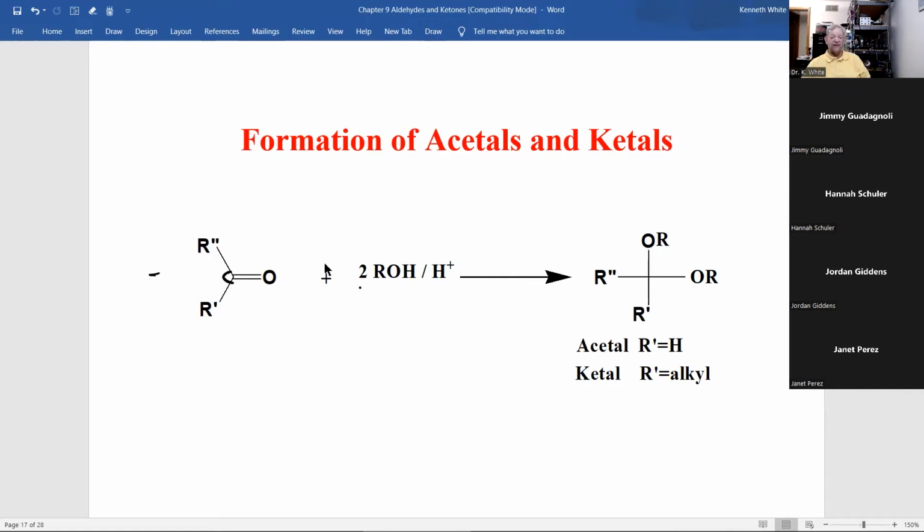Now here, we have 2 molecules or moles of an alcohol, and we get an acetal. This can be hydrogen if it's an aldehyde, carbons if it's a ketone, same thing here. And we make an acetal or ketal. And these, as I said, are the two reactions.